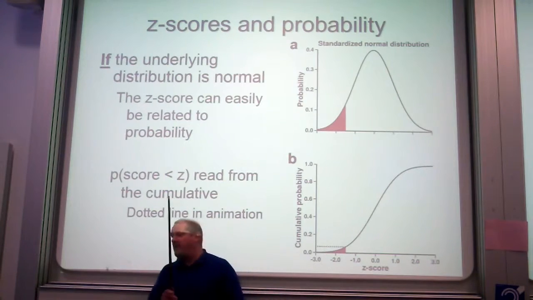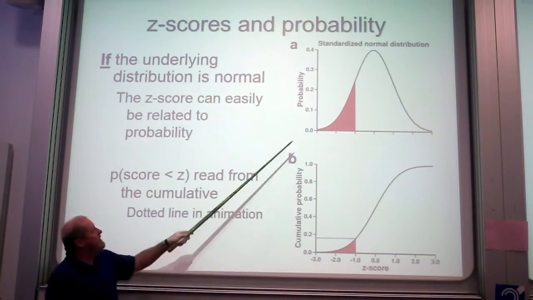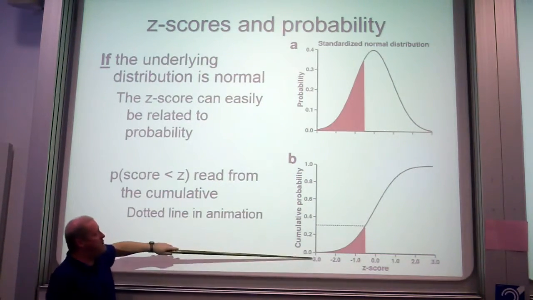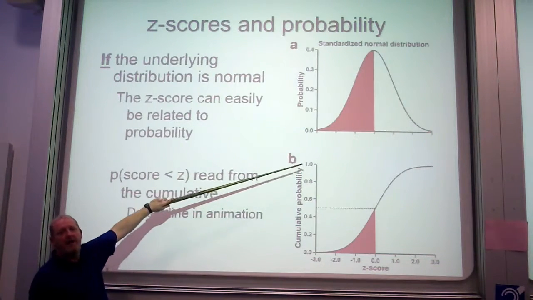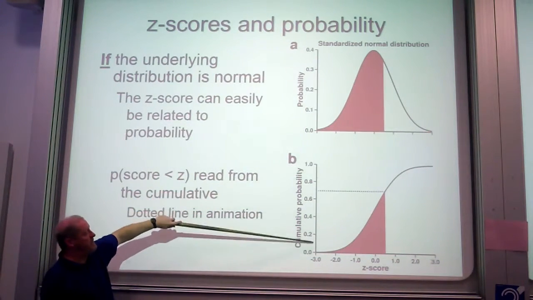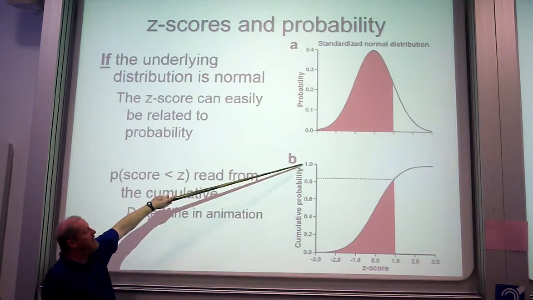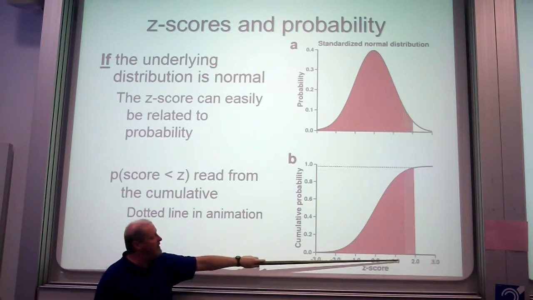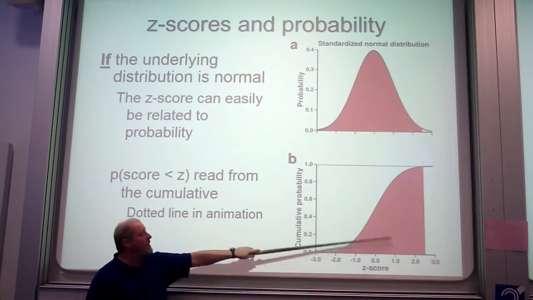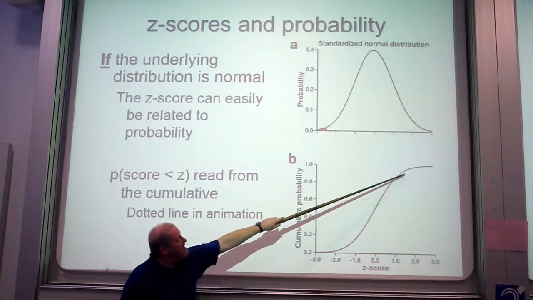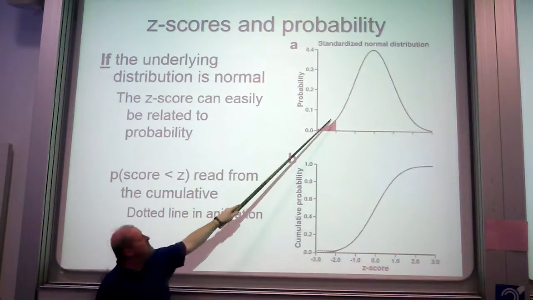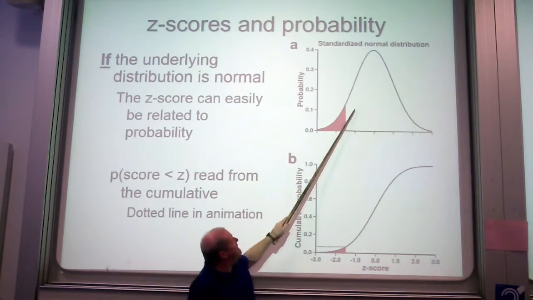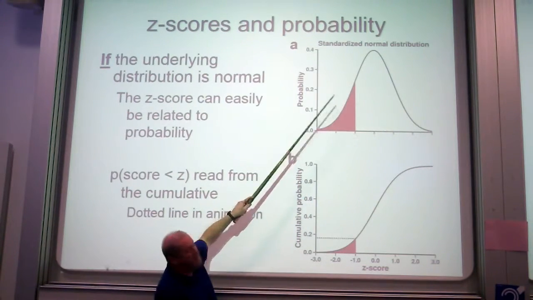Okay, so we can do this formally by taking this distribution and putting it into a cumulative form and making it reach 1. So it goes from 0 to 1. And now for any z-score, we can read off the area to the left, which corresponds to the area in red here. These match up.